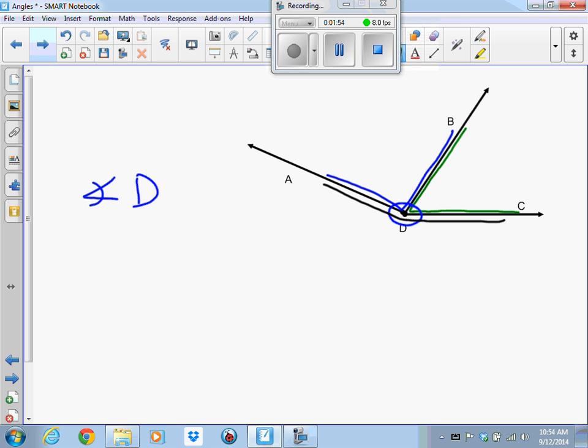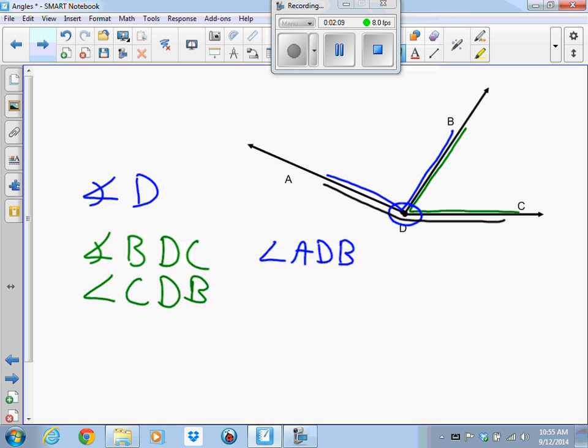If we're talking about the green one, then we can say angle BDC or angle CDB. Same thing with the blue: we have angle ADB or angle BDA.